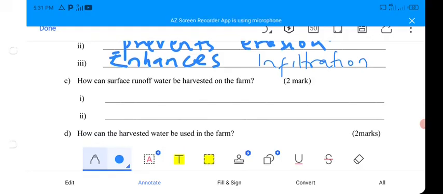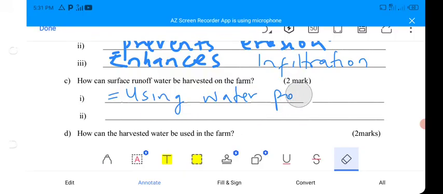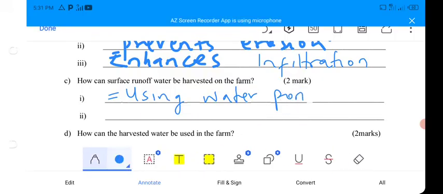So surface water can be harvested using water ponds or pumps.